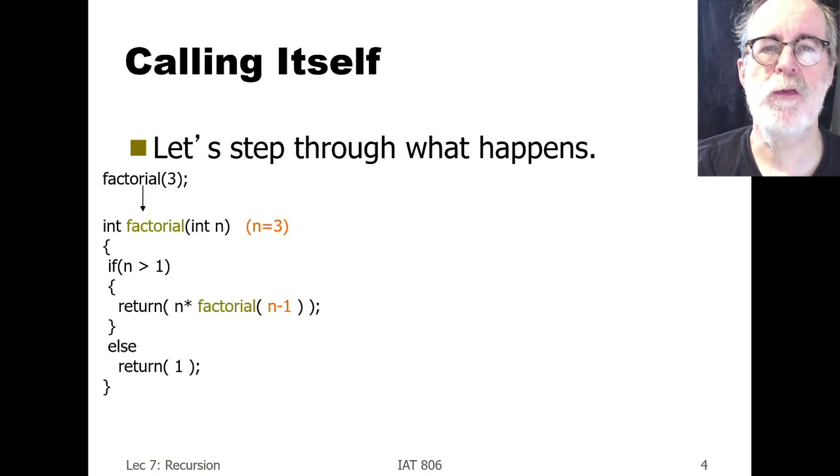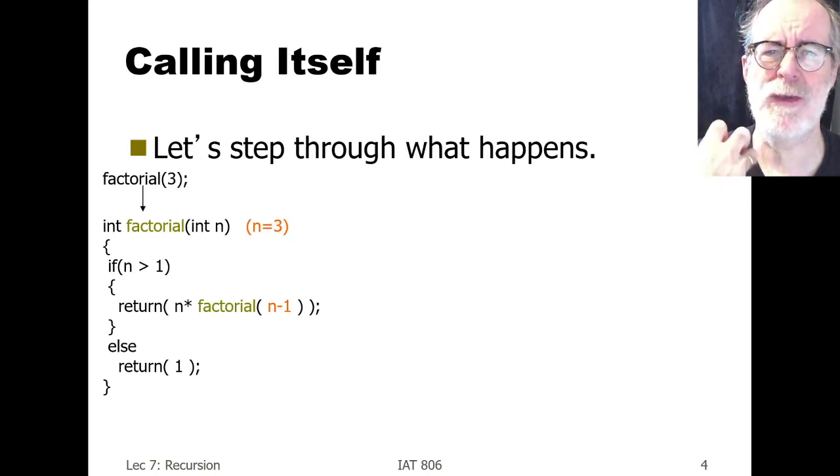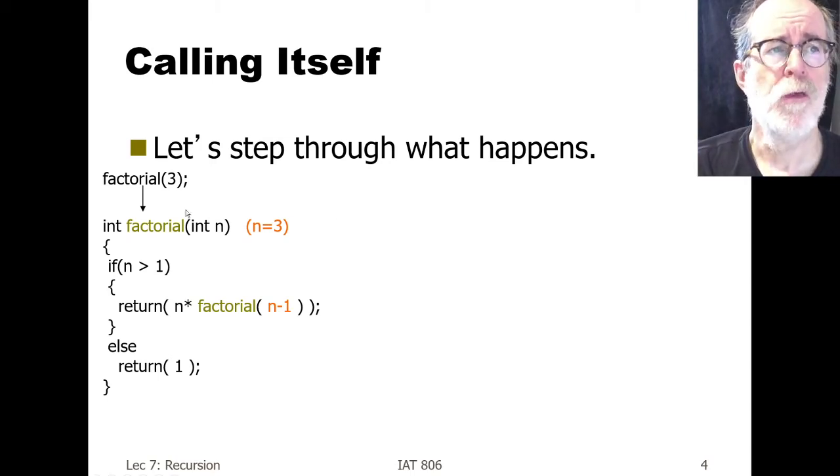Let's show how this functions in practice, because you have this weird feeling of, wait a minute, a function that calls itself, how can that work? Here we're calling factorial of 3, not 6 this time, because there's not enough space for 6. In orange I'm putting the actual values in place. We call it with n equals 3.